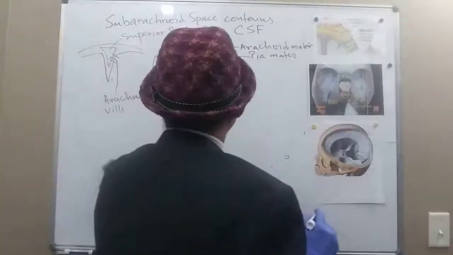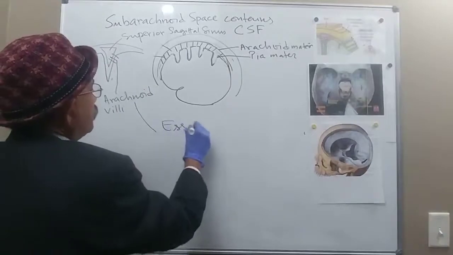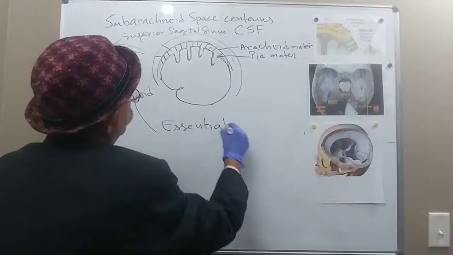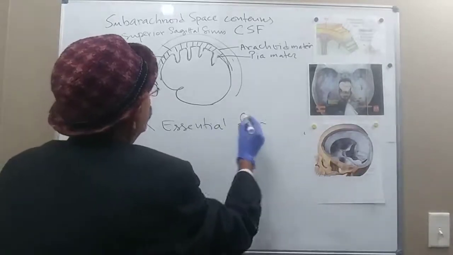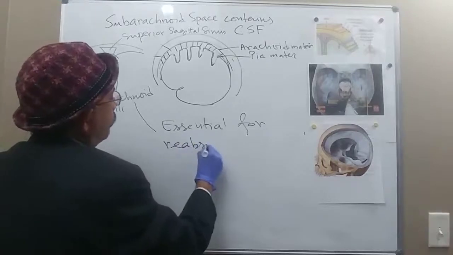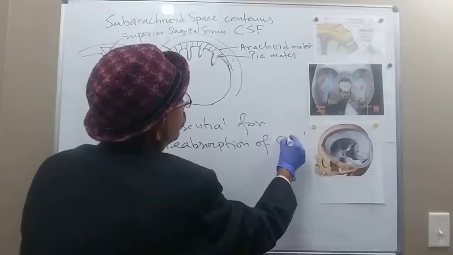So arachnoid villi are essential for reabsorption of CSF.